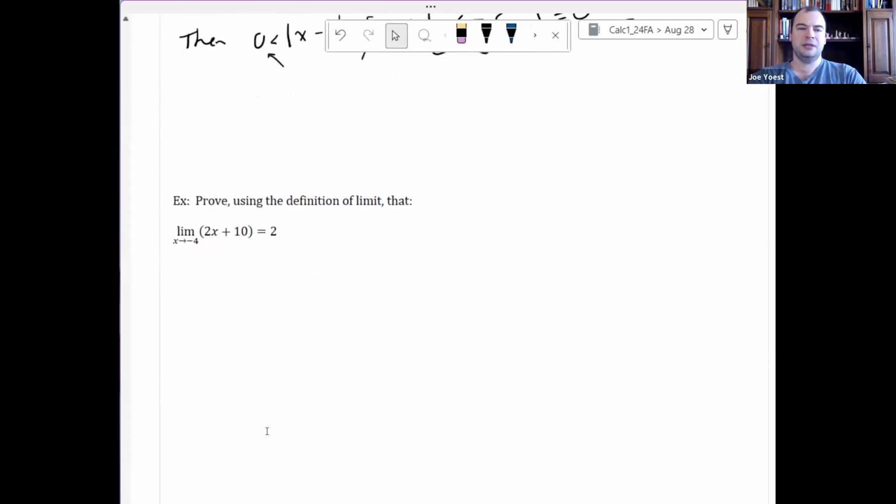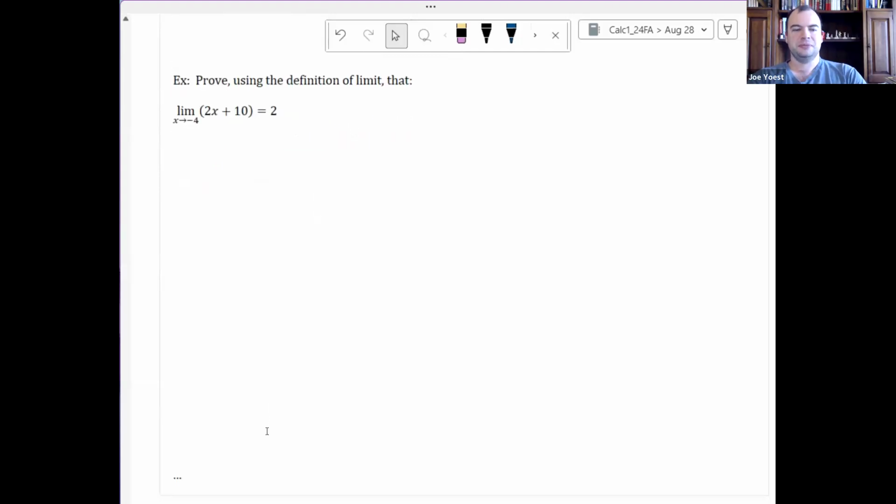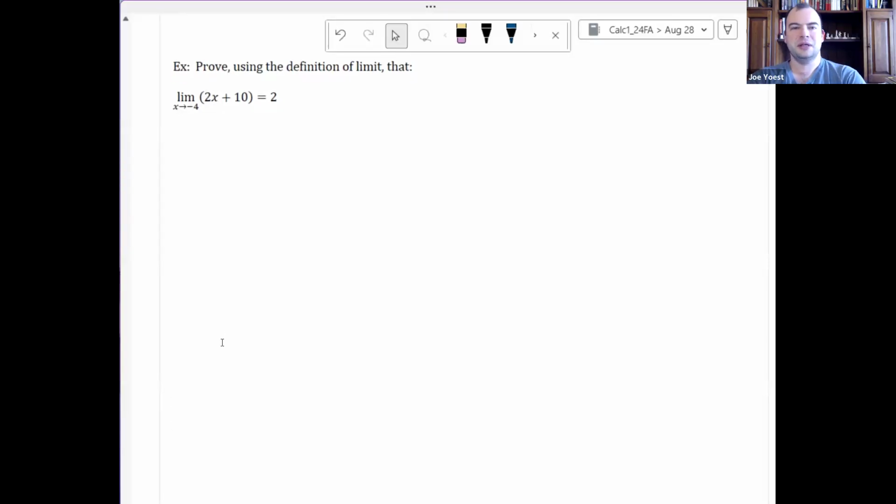Okay, now let's look at a non-trivial limit. This is the last example we're going to do here, and it's the upper end of the difficulty that we're going to look at in terms of these limits. You can see that this is not the limit of a particularly complicated function. It's just a linear term and a constant term. But we want to prove the value of this limit.